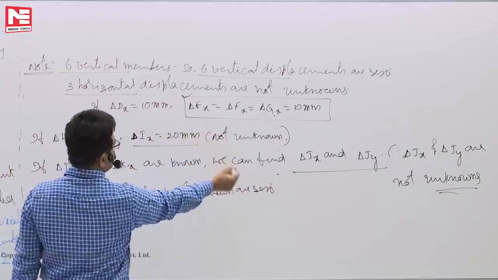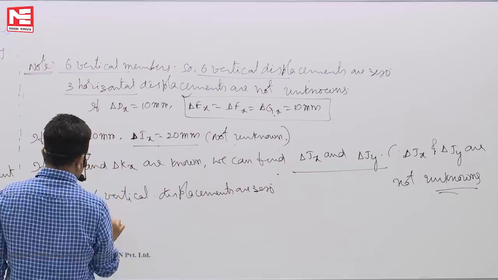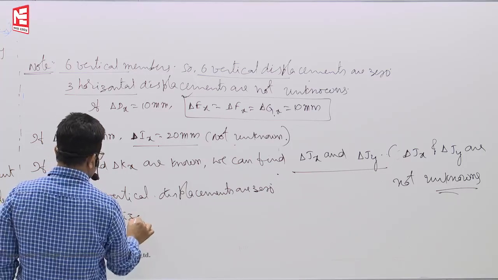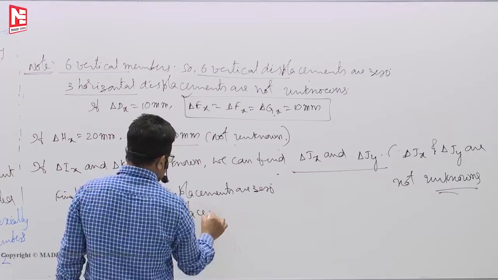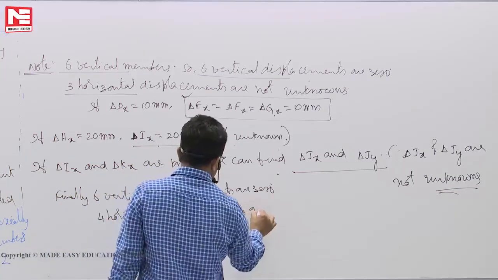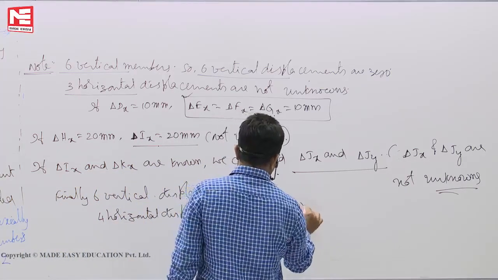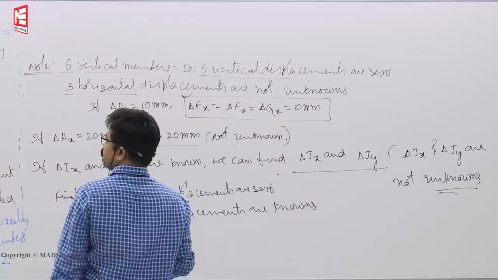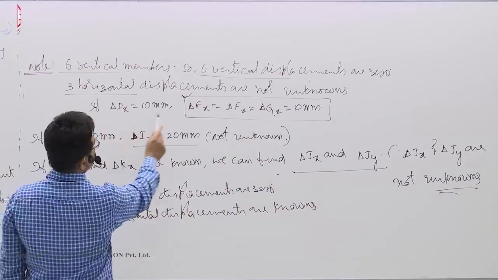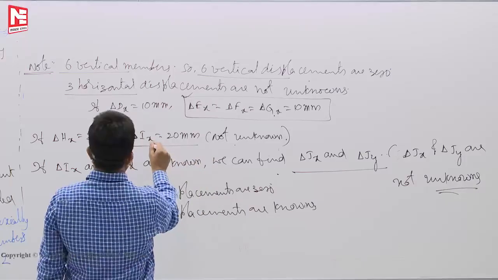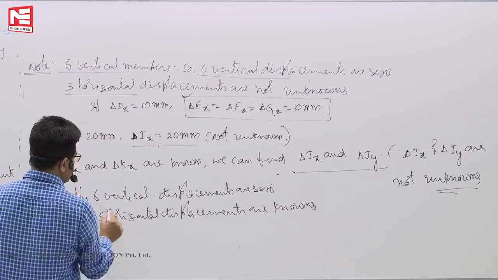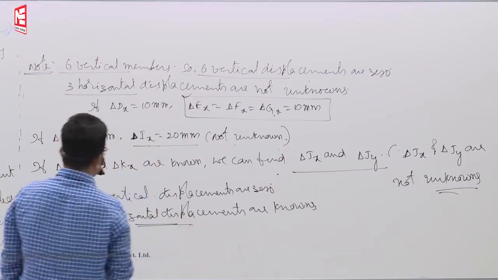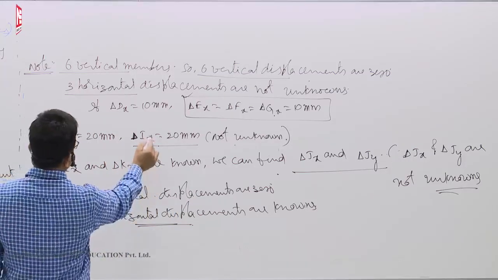Then 3 plus 1, 4 horizontal displacements are known. Then 4 only. Here 3, 4, 5. This is 5 horizontal displacements known to us. Then 6 plus 5, 11.